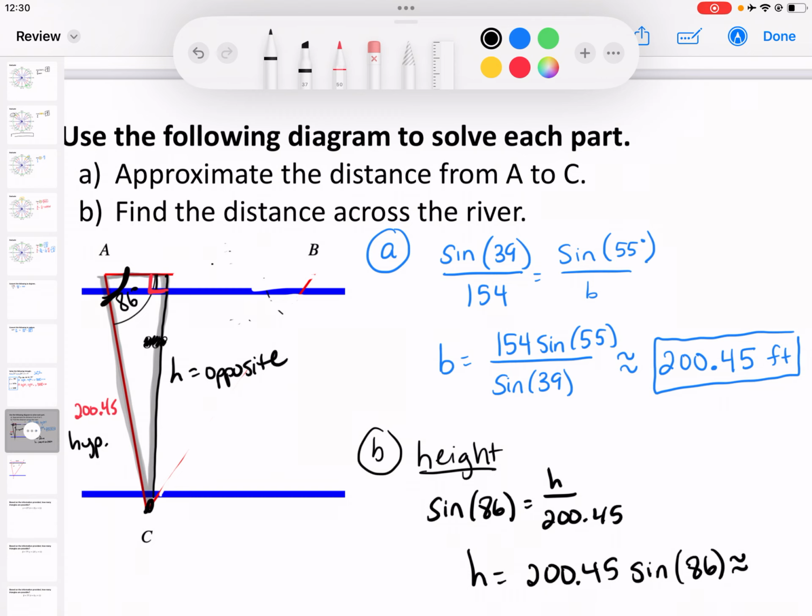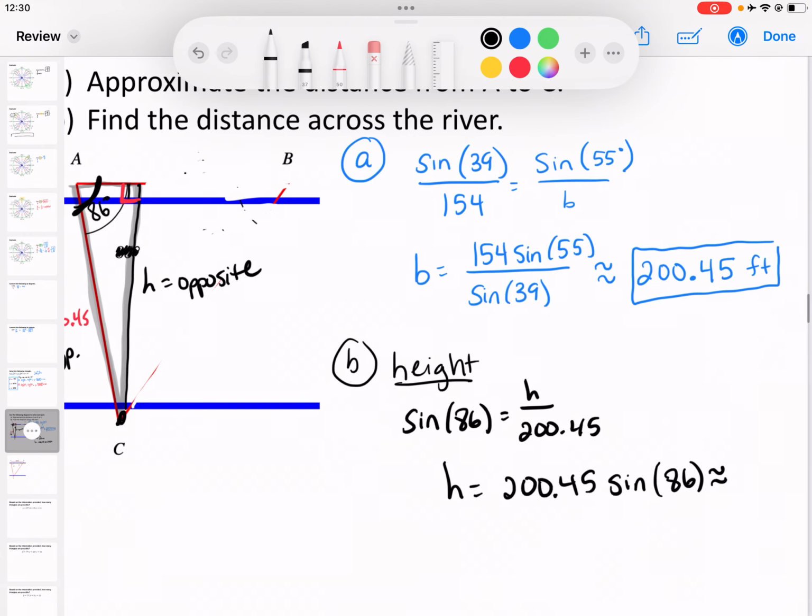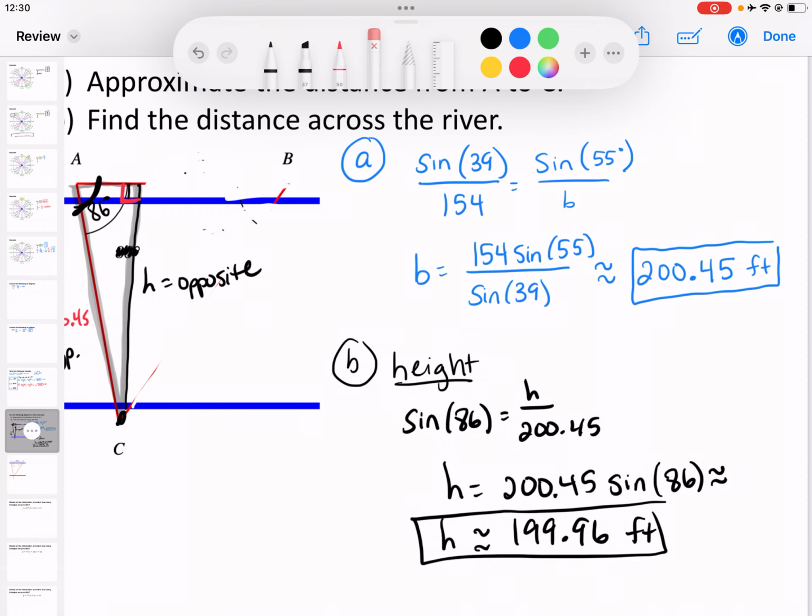So 200.45 times sine of 86 is about, I'm actually going to put it right here, h is about 199.96 feet. And that's your answer.